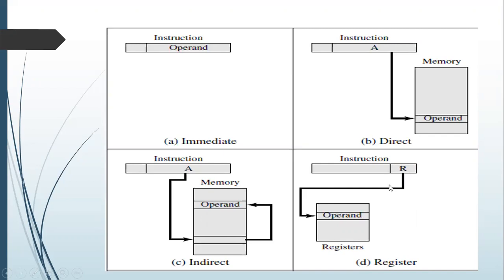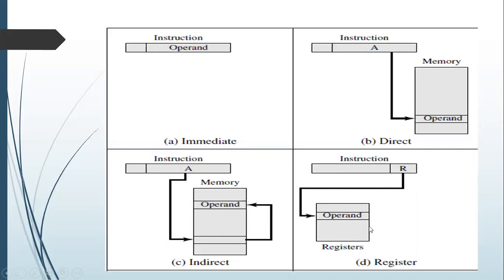The address of that register is defined here, and from that register the operand is fetched. Then that operand is processed according to the instruction given here. It is again just specifying the address of your operand, but here the address will be one of the registers.